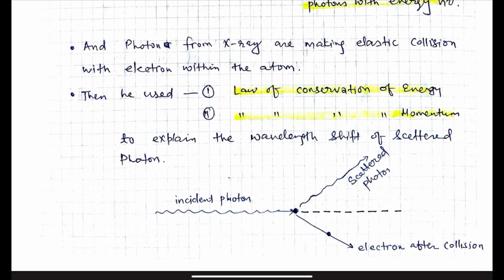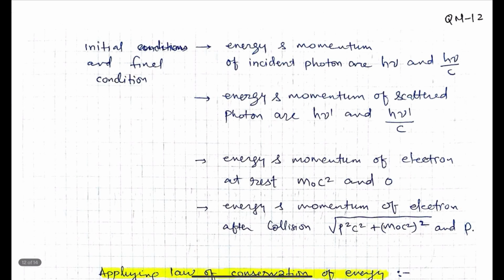So this is a typical setup for the collision. The electron is kept here initially, then the incident photon strikes it, and the scattered photon moves at angle theta, and the electron moves at angle psi. So let's move forward. We need to apply the conservation principles of energy and momentum, and we are required to find the initial and final conditions. The energy and momentum of the incident photon are h nu and h nu upon c.